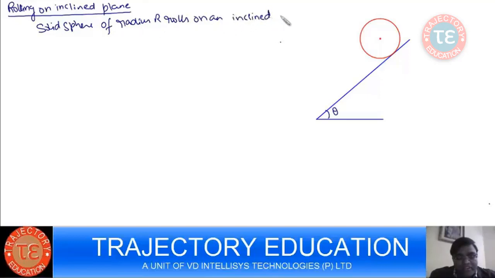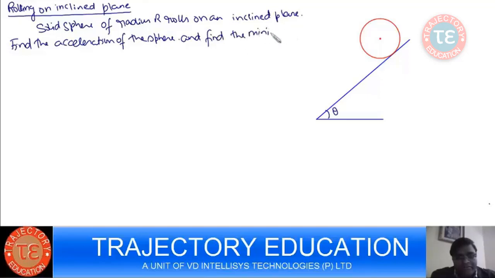Suppose the angle of inclination is theta, and suppose we have to find the acceleration of the sphere and also find the minimum coefficient of static friction to support rolling.